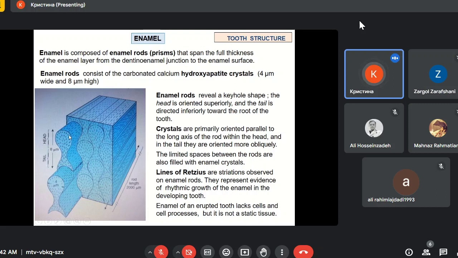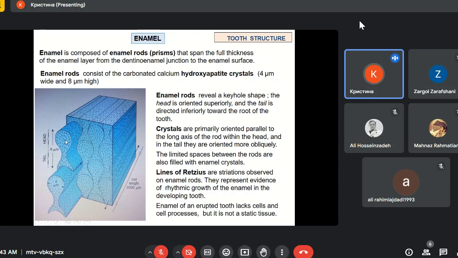It has a head and a tail, and the tails of enamel rods are squeezed between the heads of adjacent enamel rods. Each enamel rod actually consists of elongated crystals of hydroxyapatite. Hydroxyapatite crystals are marked here as these black lines.